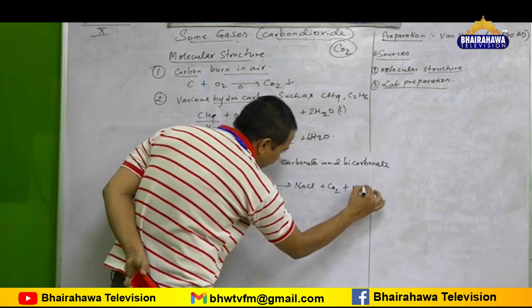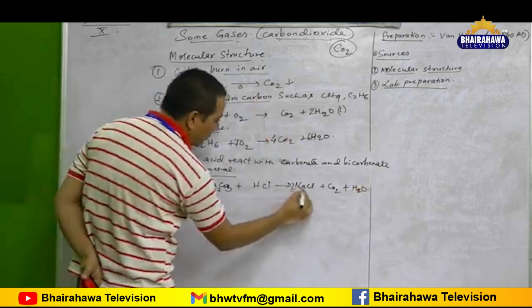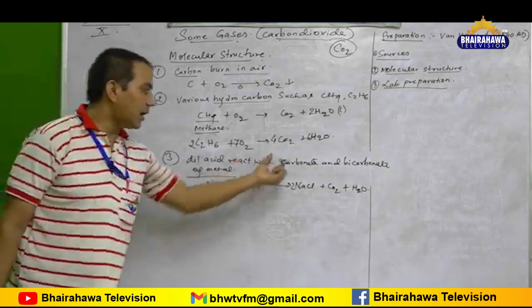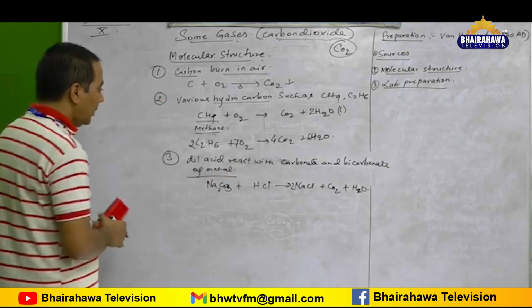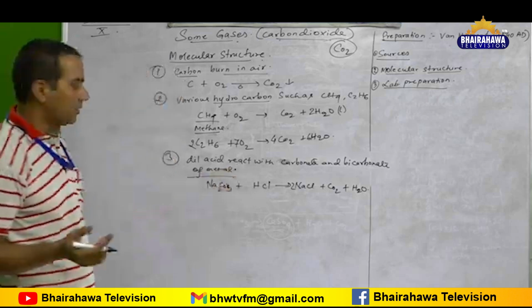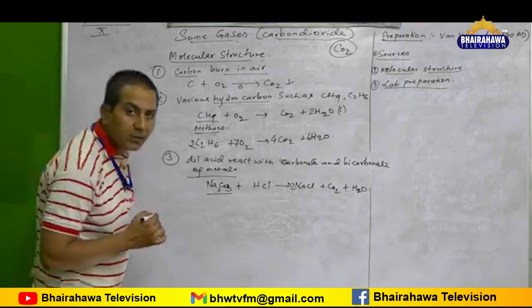We have studied this also in our previous chapter. So, in this way, when dilute acid reacts with a carbonate or bicarbonate of metal, it produces carbon dioxide.